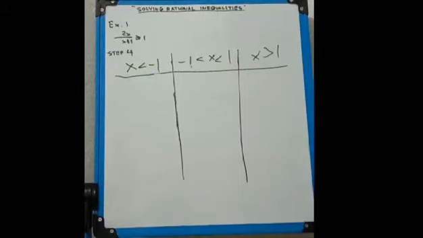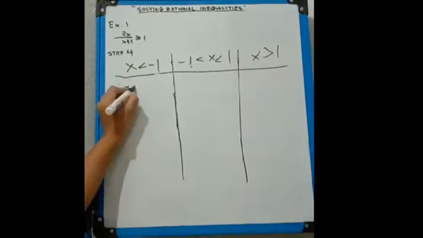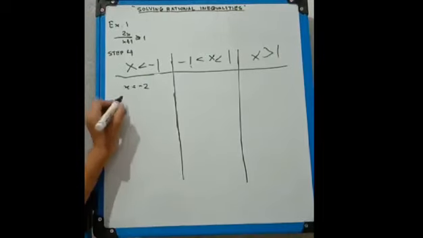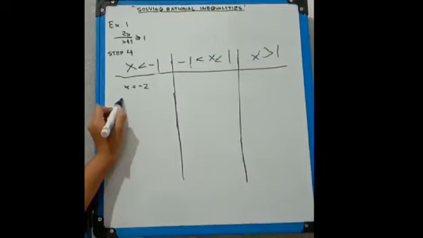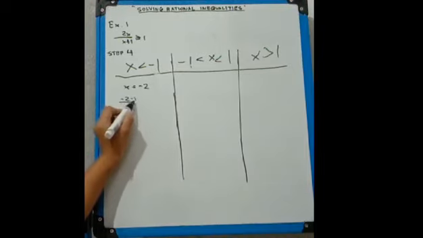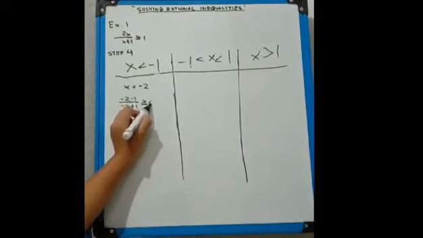In the first column, x is equal to negative 2. Let's substitute negative 2 for x. So our fraction now is negative 2 minus 1 over negative 2 plus 1 greater than or equal to 0.